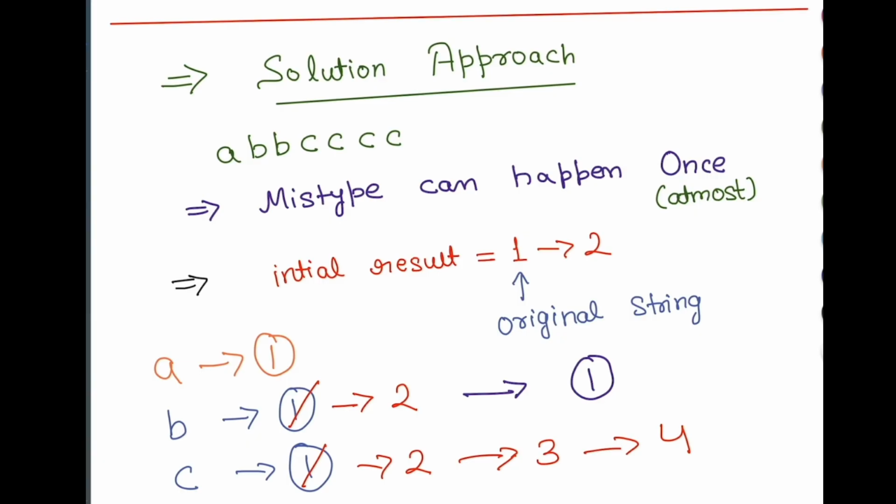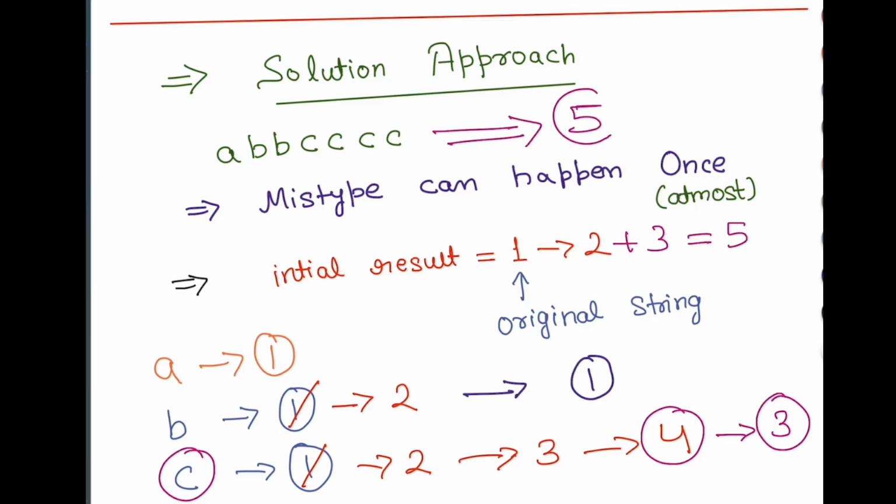She was trying to type the character C. So from here I can say I got 3 more possibilities, right? One is fine, but the other 3 C's are maybe correct, or maybe they got mistyped, right? So if I have C 4 times, I have 3 more possibilities. Let me add it to my result. The result is 2 as of now, plus 3, which is equal to 5, and that is the output we have for this particular data.